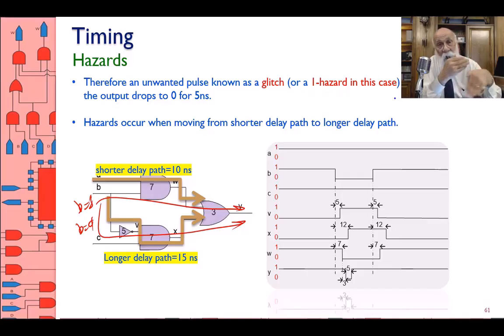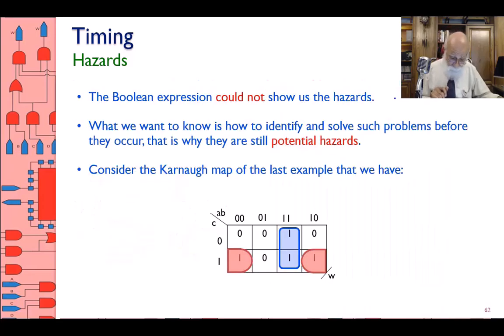When you're changing from the longer delay path to the shorter delay path, no, you don't get the hazard. That's all very good. But then the problem is, how could I get this information from the Karnaugh map?